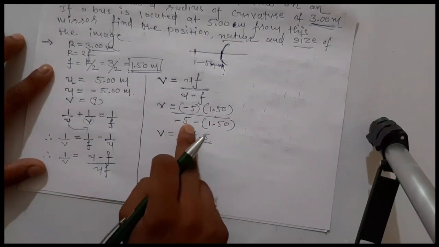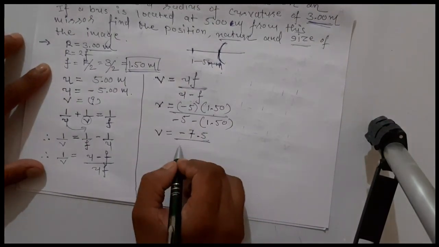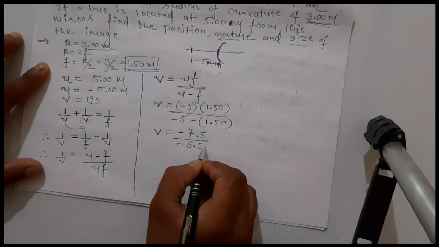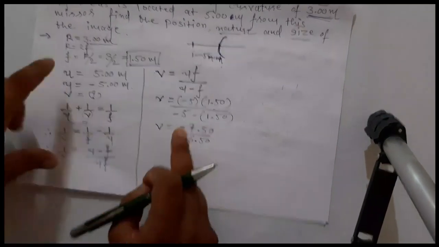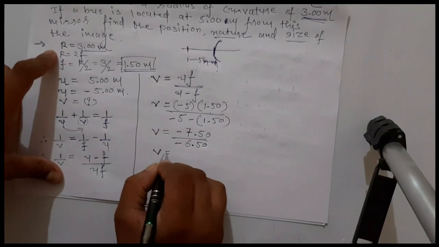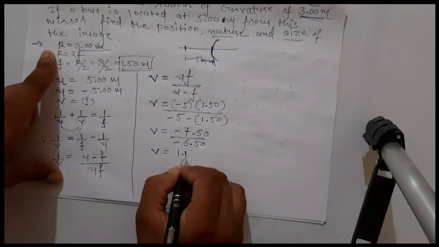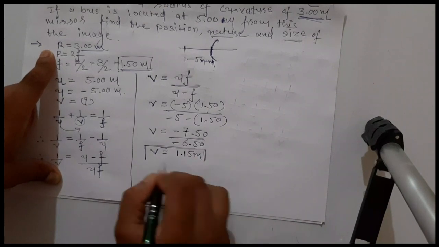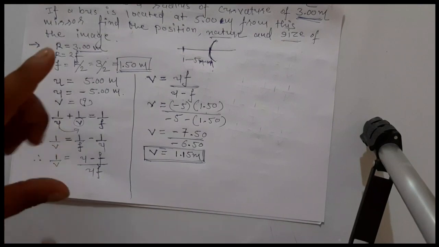And here minus 5 minus 1.5, so here it is going to add, so here we will get minus 6.5. Here 7.5 and here 6.5. Now both are negatively signed, so it will become positive, and by the calculation we will get our answer. So v will be equal to 1.15 meter. It means we are getting our image at 1.15 meter.